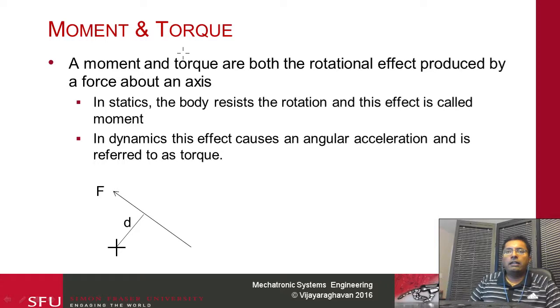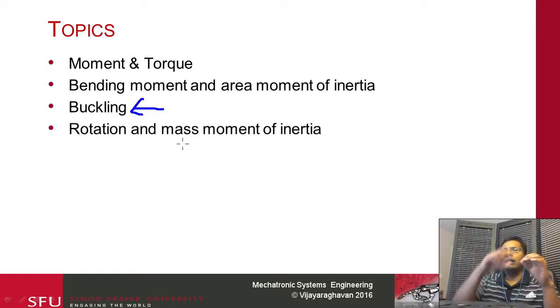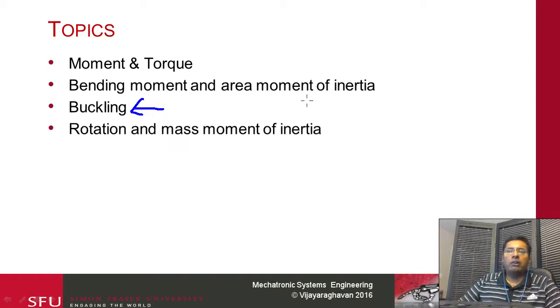And then we calculated really quickly how the bending moment is related to the area and the area moment of inertia. Then we talked about buckling, which is a phenomenon that occurs in compression, and it's related to the bending of the beam. So it's basically an interaction between deflection and bending. Finally, we talked about rotation and mass moment of inertia.